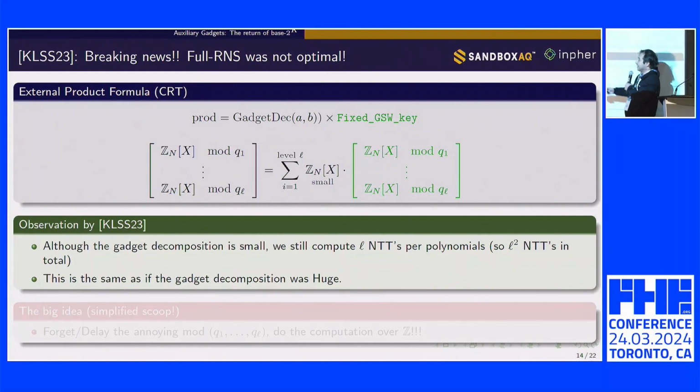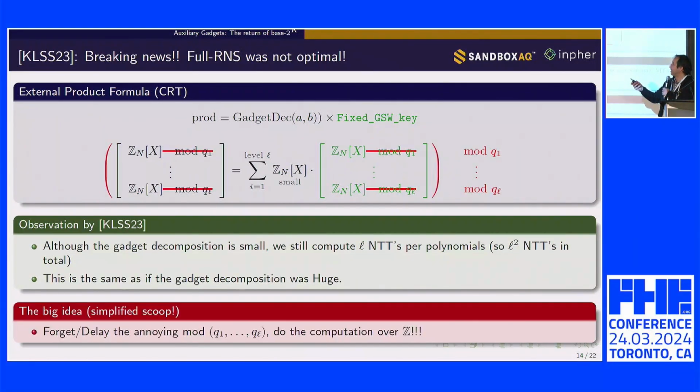And the idea in the paper that was presented last year is that, well, if mod Q1, ..., mod QL are really annoying, let's just delay them. So we are going to temporarily forget that we are doing a computation on different moduli, and just evaluate this as an integer formula.